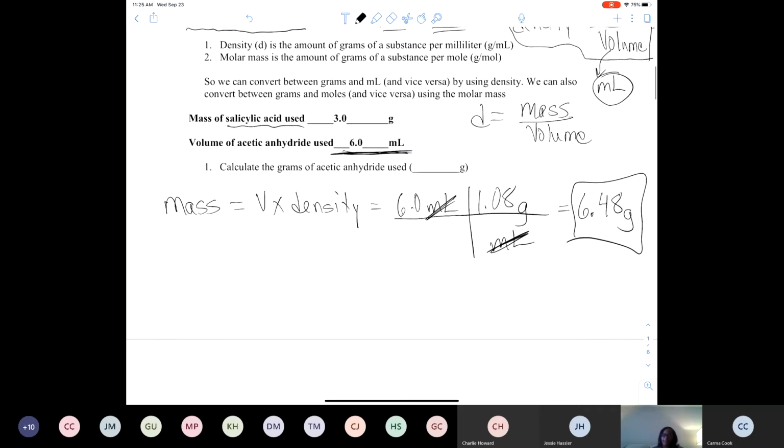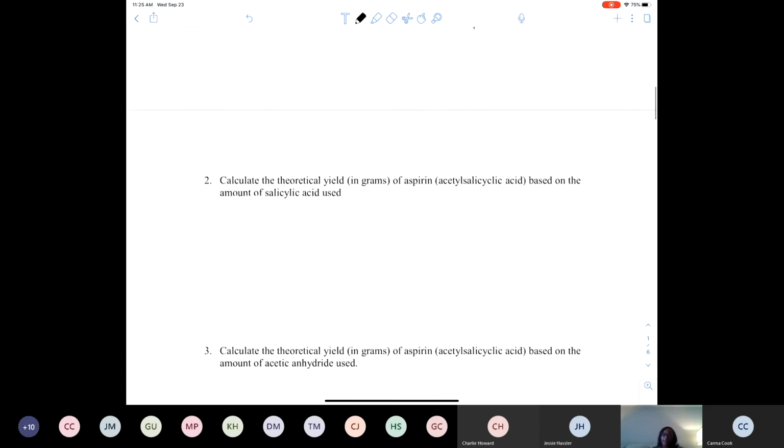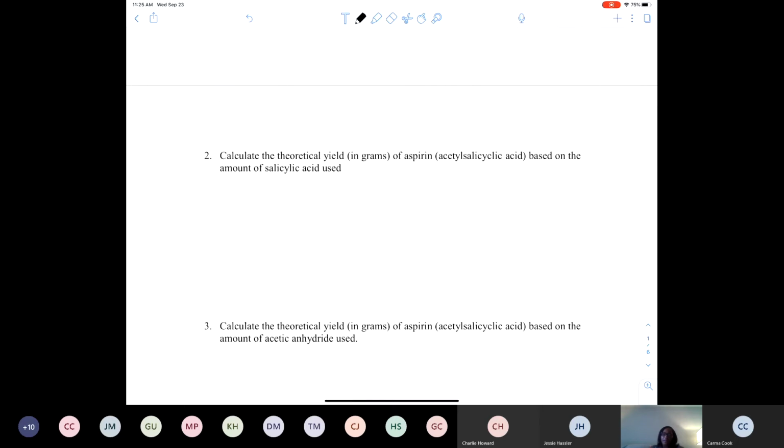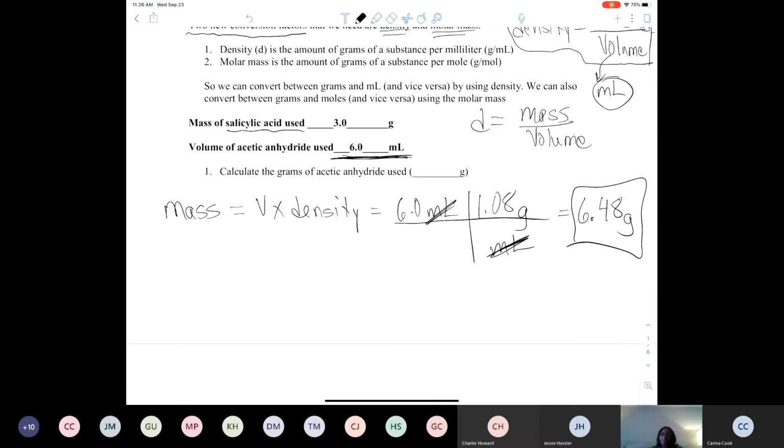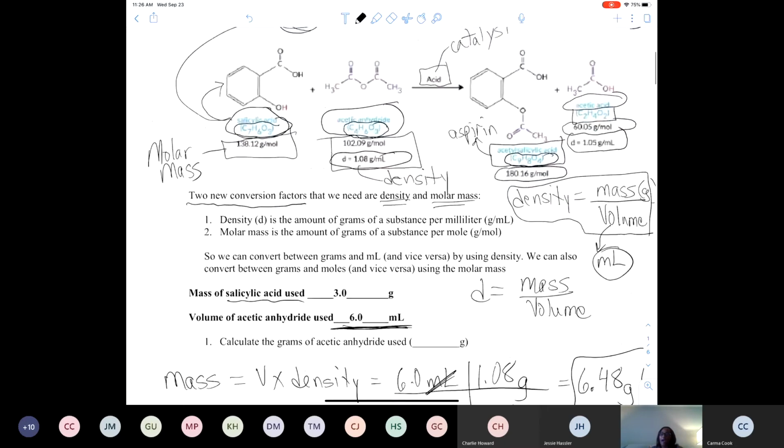The next calculation is called the theoretical yield in grams of aspirin, our product. So based on using 6.48 grams of acetic anhydride and 3 grams of the salicylic acid, how much of our product aspirin should we be making?